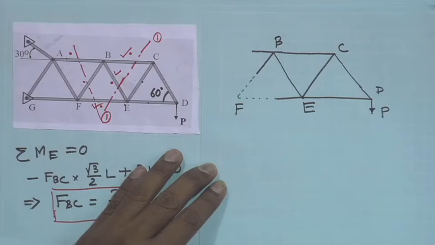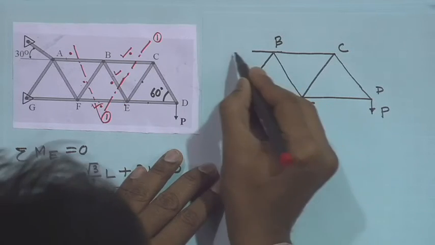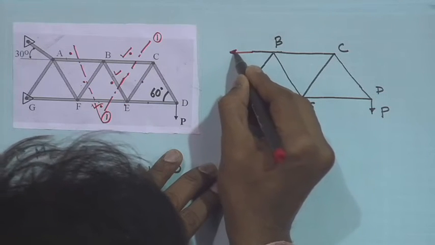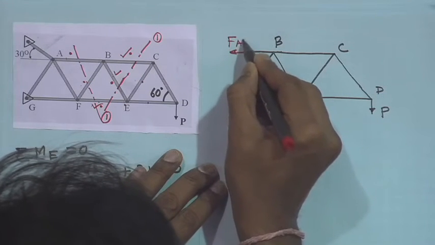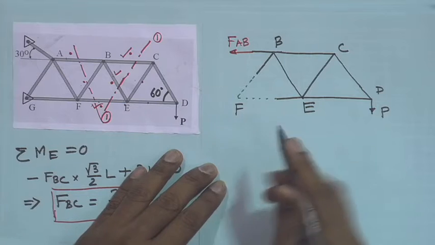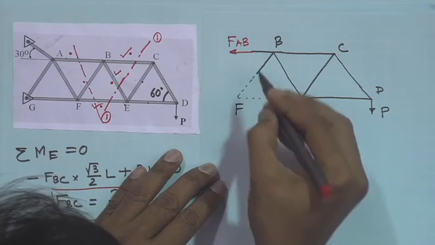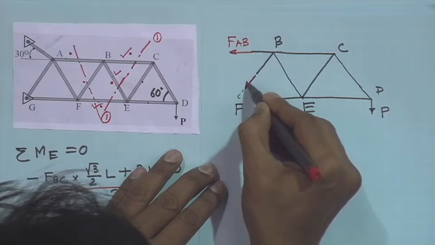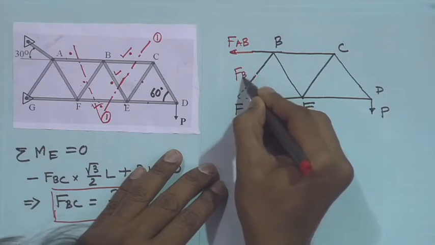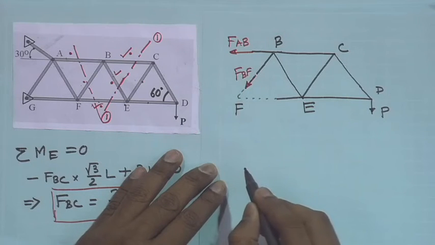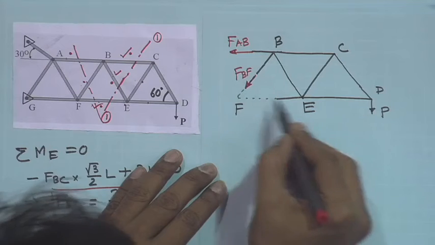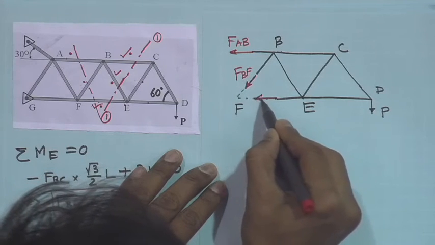Now, what are the forces we have? This will be the force in member AB, then the force in member BF, and then here the force in member EF.